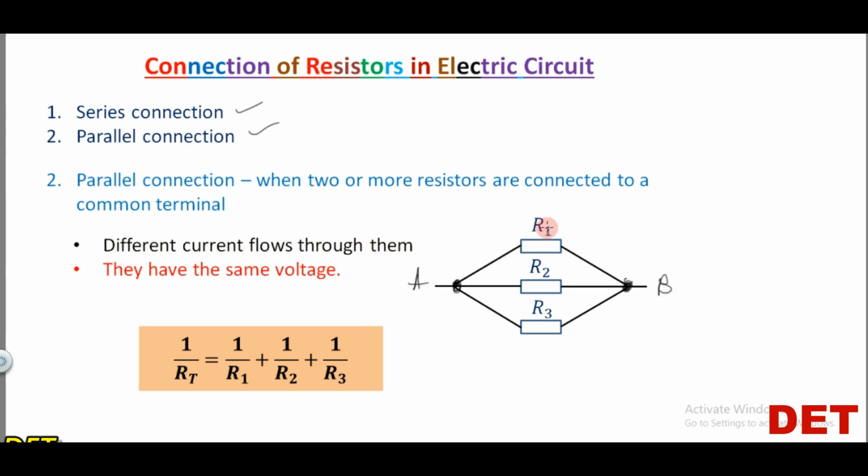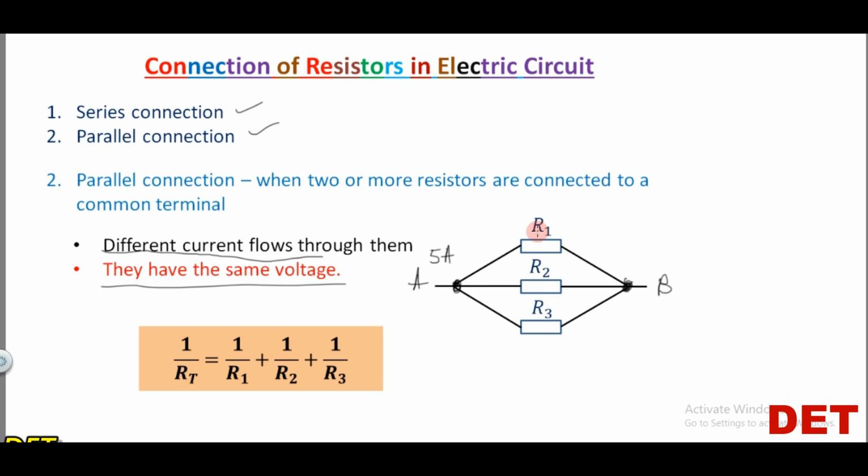If I have, for instance, a current of 5 amperes entering through point A, a different current will go to resistor 1, a different current to resistor 2, and a different current to resistor 3. Different current flows through the resistors, and they have the same voltage.